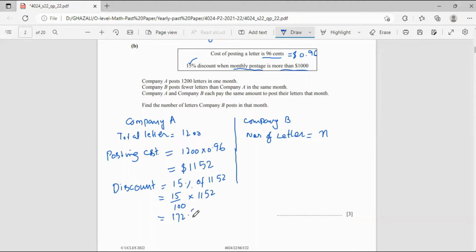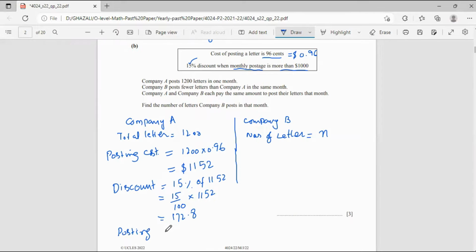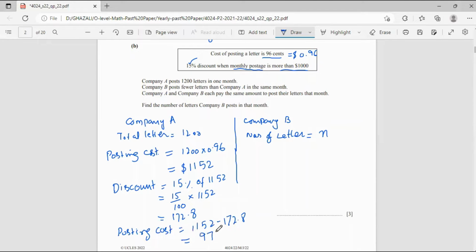So the posting cost after the discount would become 1152 minus 172.8. Now it is 979.2.